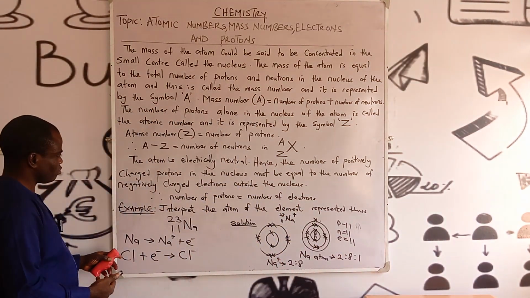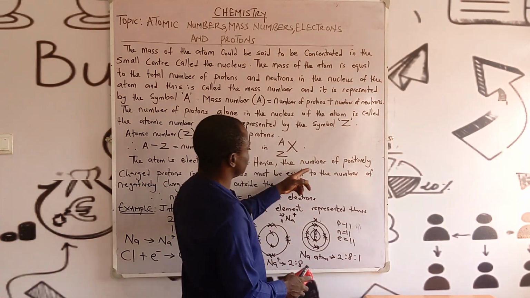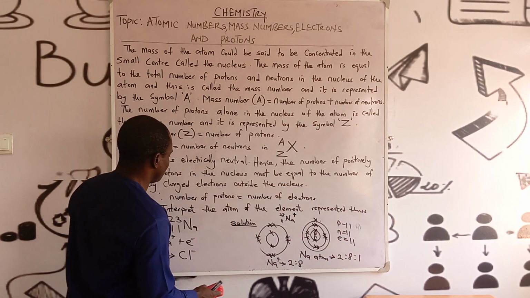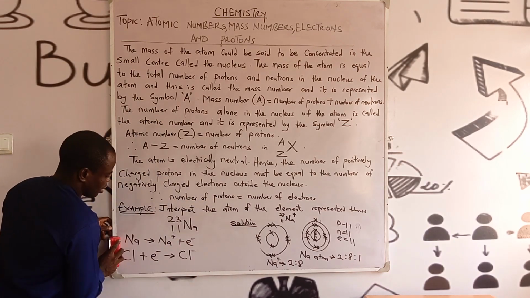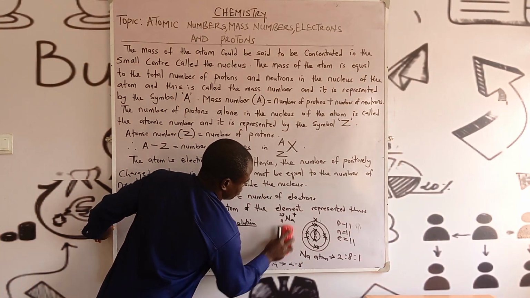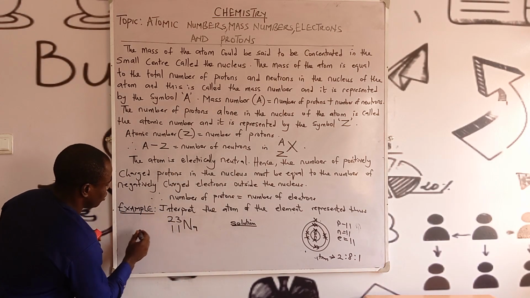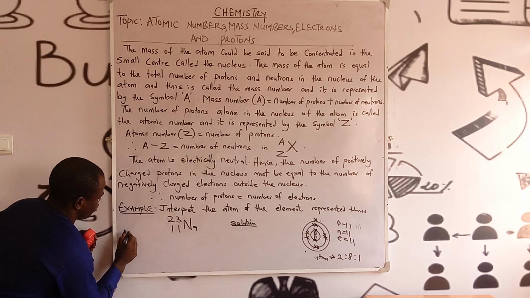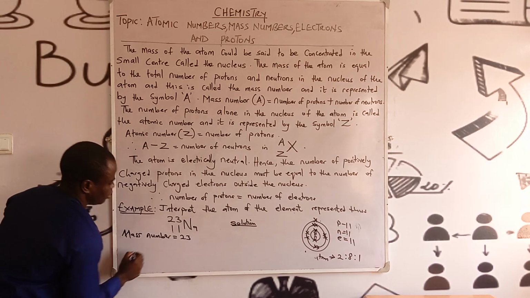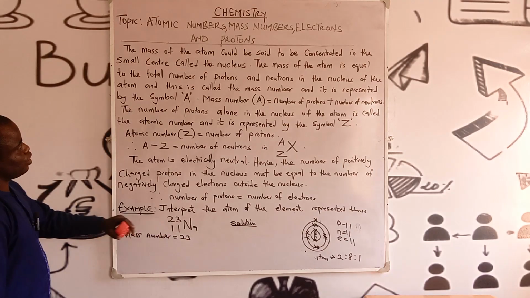Now, the atom is electrically neutral, hence the number of positively charged protons in the nucleus must equal the number of negatively charged electrons outside the nucleus. Number of protons equals number of electrons. We have to interpret this. Interpret the atom of the element represented as 23 over 11. The mass number equals 23. This 11 is the atomic number.